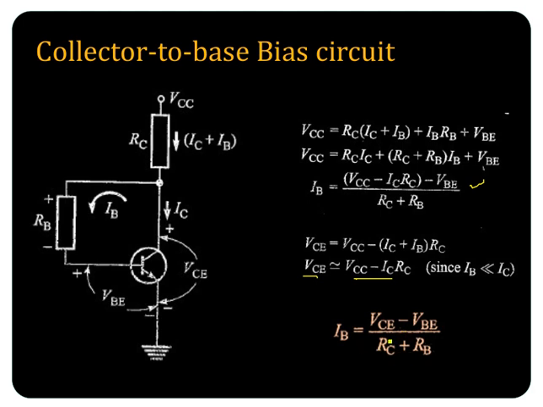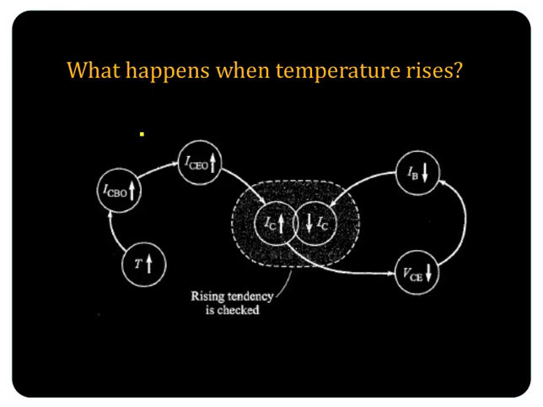That is IB equal to VCE minus VBE by RB plus RC. Okay. So with this expression, let us see what is happening to the temperature dependence of this biasing.